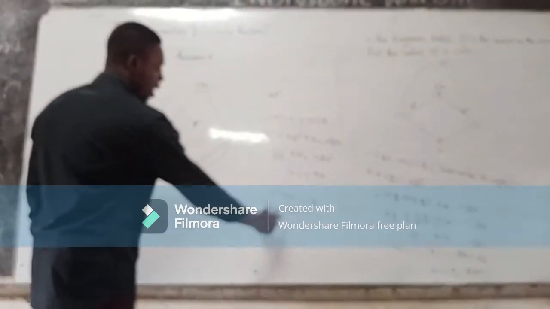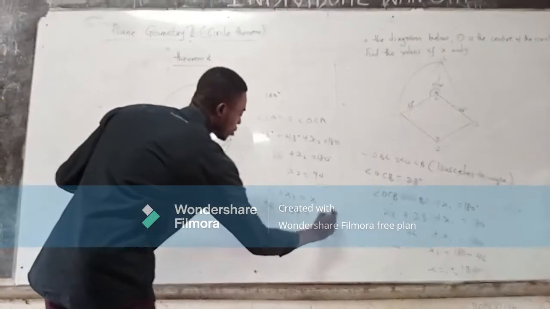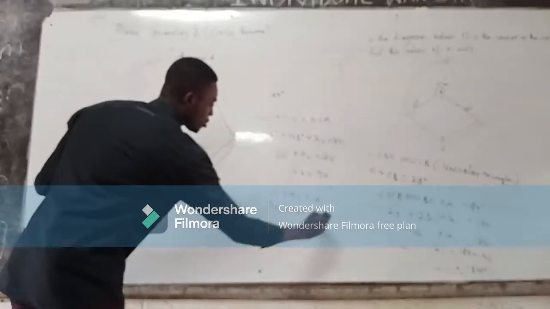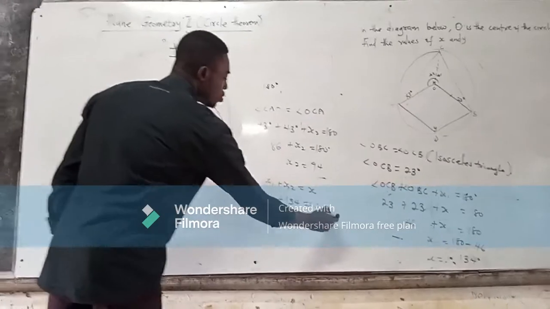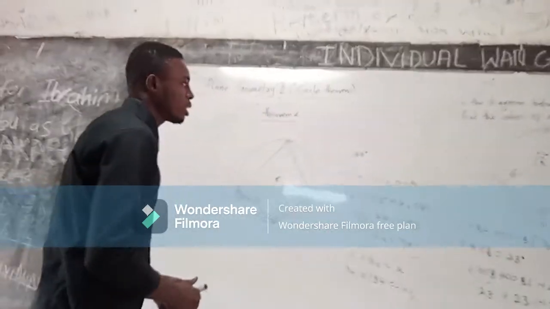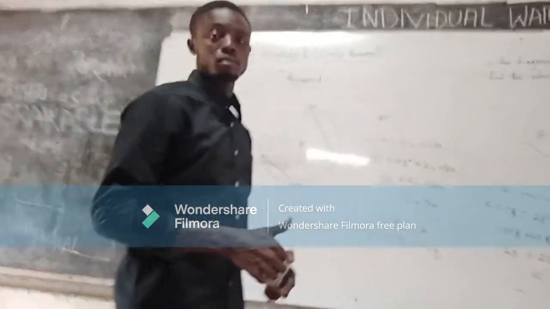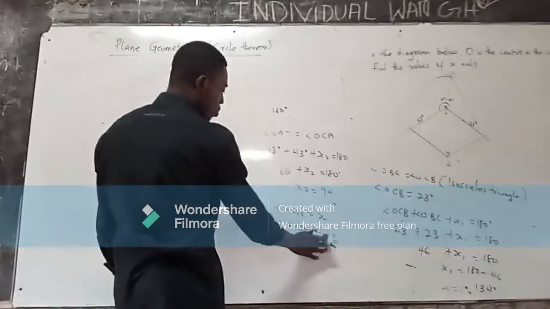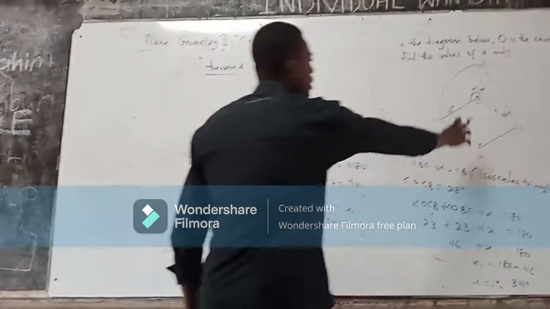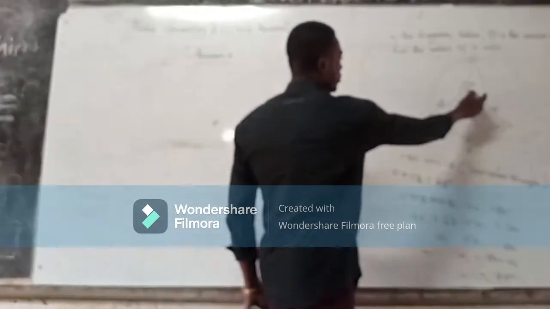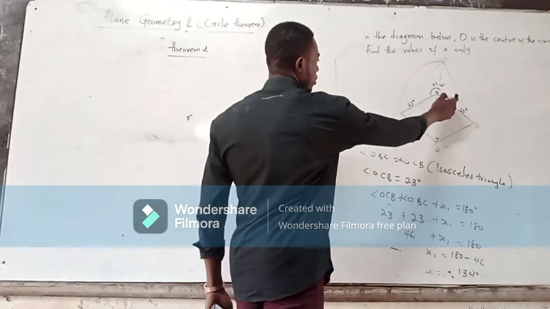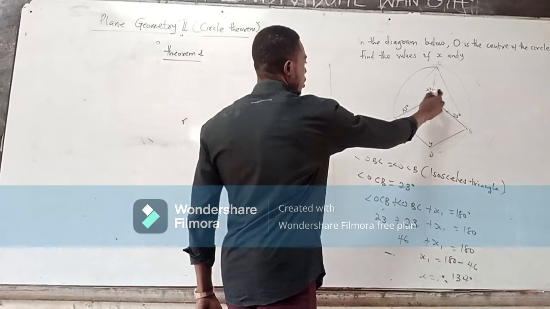So when you add, you are going to get 2, 2, 8. That is going to be the x. So once we have this one to be the x, now the x is solved. We know that angles at a point sum up to what?